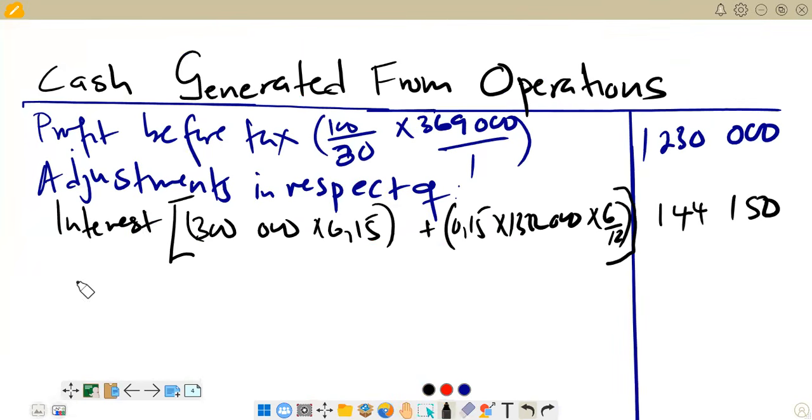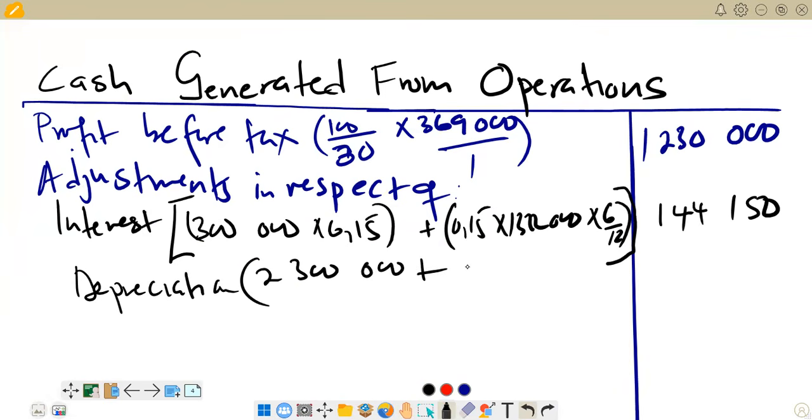This is the figure for depreciation: 2,300,000, then we add 2,491,400, then we subtract 225,000, the net book value of that non-current asset that was disposed.